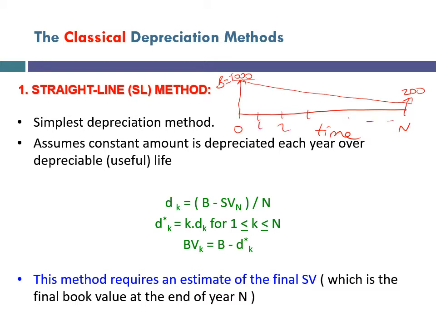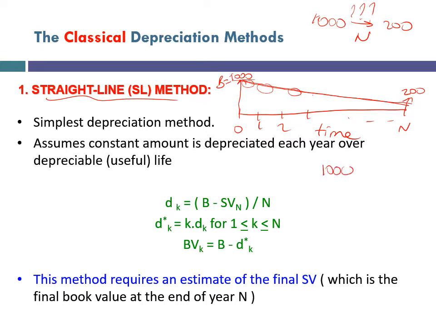And the question is, from 1000 down to 200 in n years, in each year how much is this value reduced? The straight line method says that an equal amount is reduced each year. Okay, that's why it's called straight line. It goes from 1000 to 200 as a straight line.